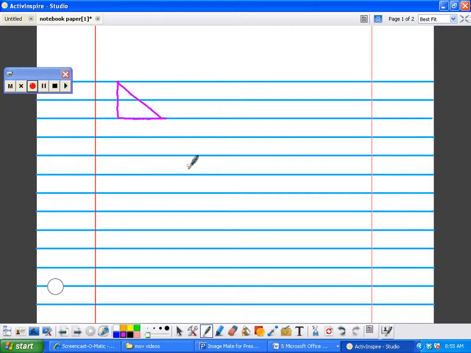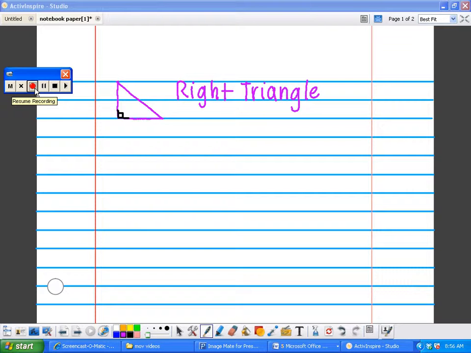Make sure you have that perfect L. Show me that you have that perfect L by using that little square. Perfect. Yes, that is a right triangle.